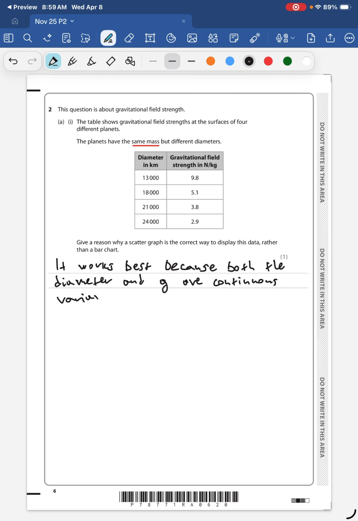You use bar charts or pie charts when you have discrete variables that can be counted, like 1, 2, 3, 4, 5. Okay, so that's the answer.